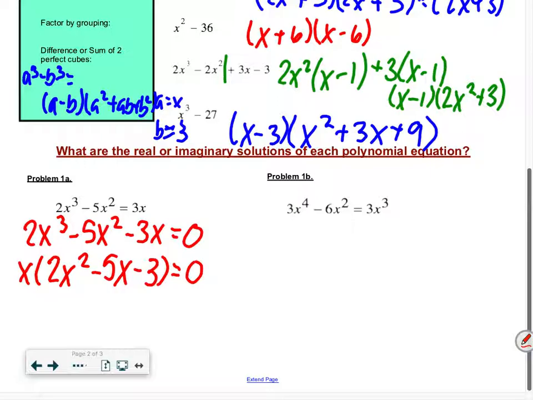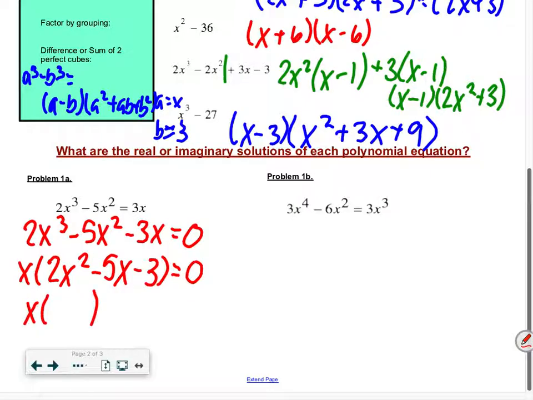Can I break 2x squared minus 5x minus 3 down? Yes, you can. It's literally the same thing as the first problem. Factor.